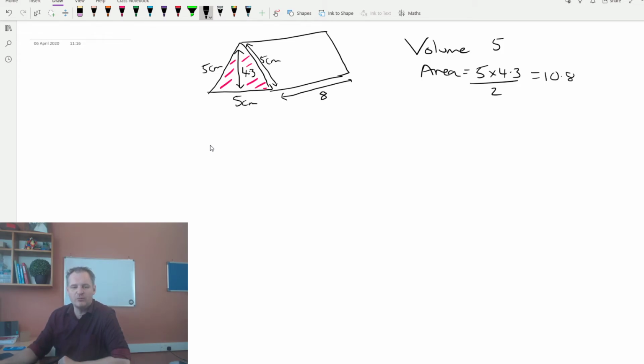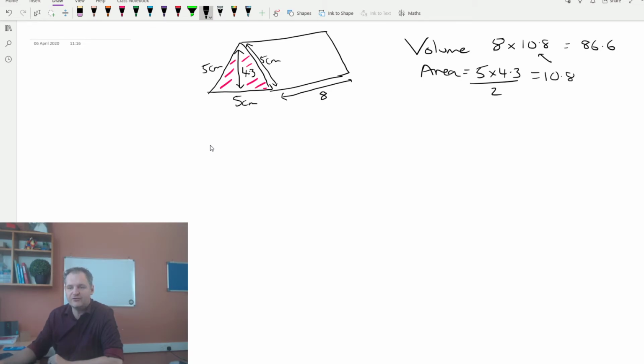So the volume is going to be 8 times 10.8, because you take that area and times it by the length. So it's going to be 86.6.